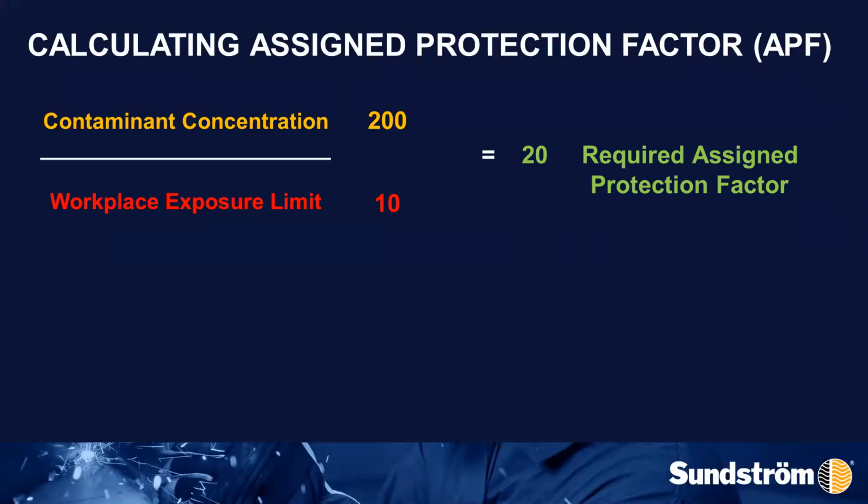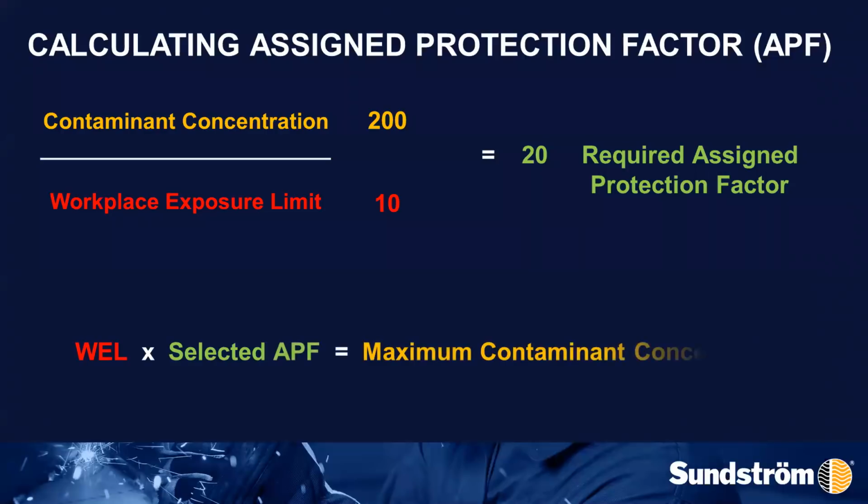Now that's going to reduce it down to the workplace exposure limit. So in an ideal world, in this situation, you choose something that has got a protection factor above 20, which will be 40 actually in this instance. You can reverse that calculation and look at a particular mask or respirator that you're using and work out what the highest concentration is that you can actually use that particular mask in, and that's just to multiply the workplace exposure limit by the assigned protection factor of the mask, and that will give you the maximum contaminant concentration.